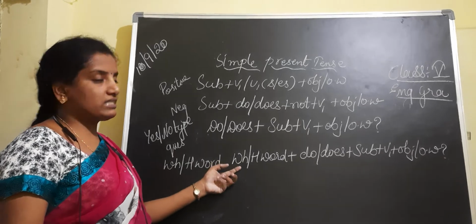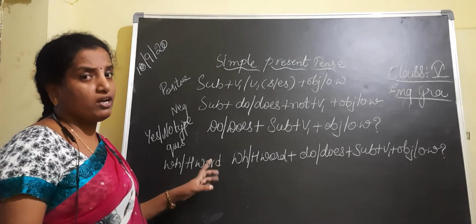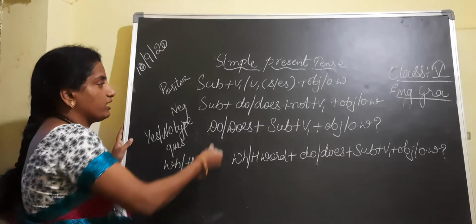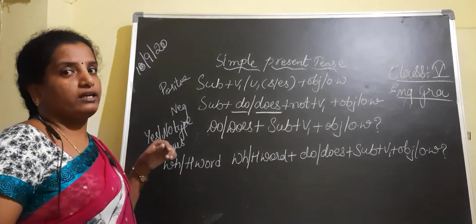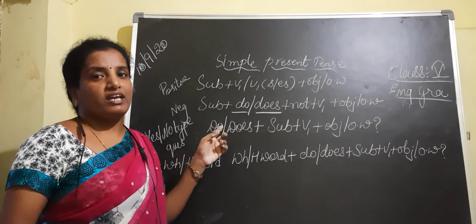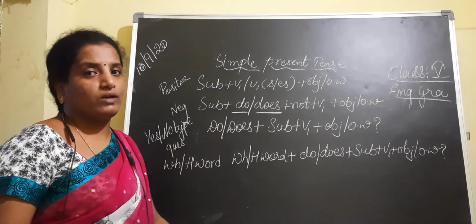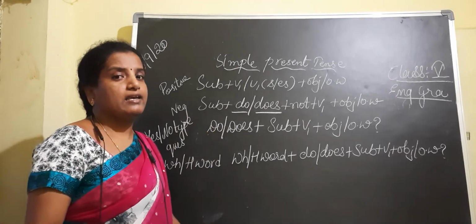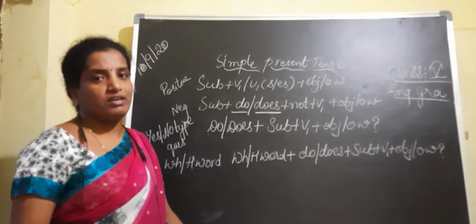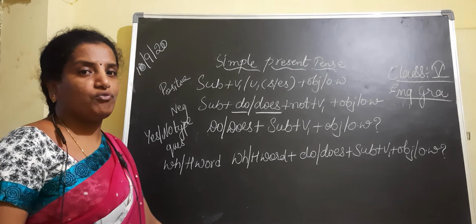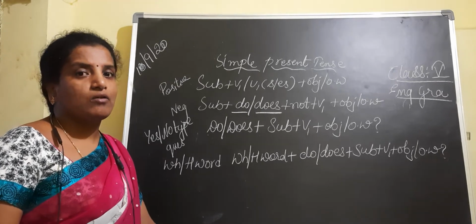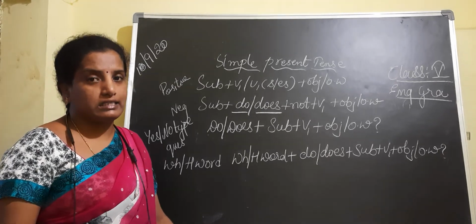Now we are discussing this topic, WH or H word questions, children. Here, do or does, Nana. Do is used for the plural subject, whereas does is used for the singular subject. Or you can say, if a sentence contains V1, we have to use do. If a sentence has V1 with s or es, we have to use does.